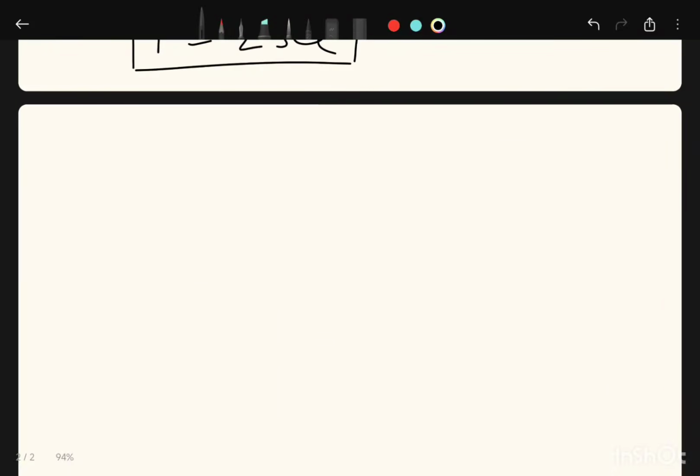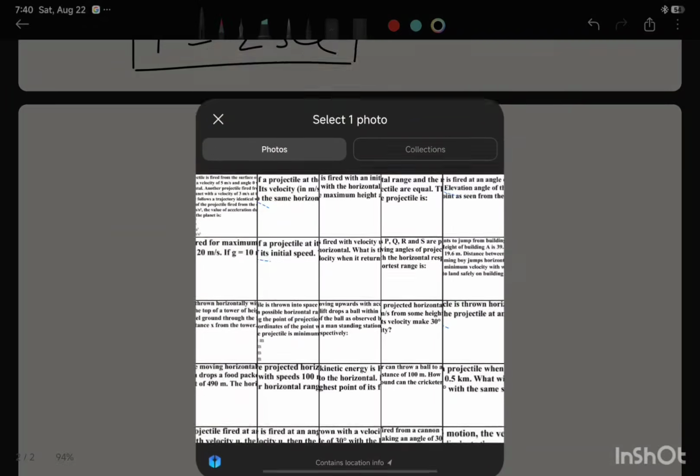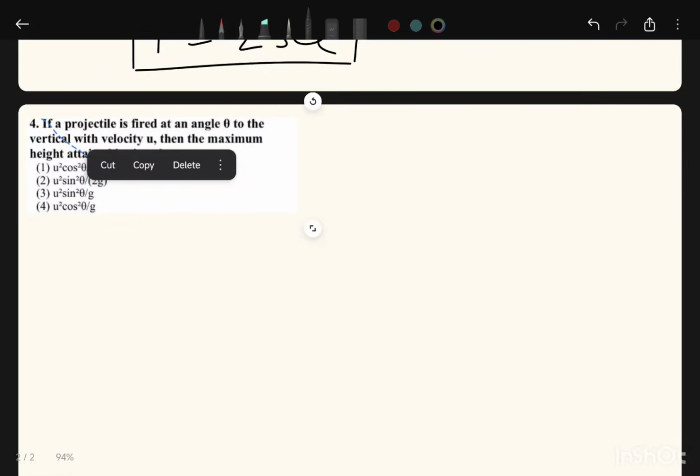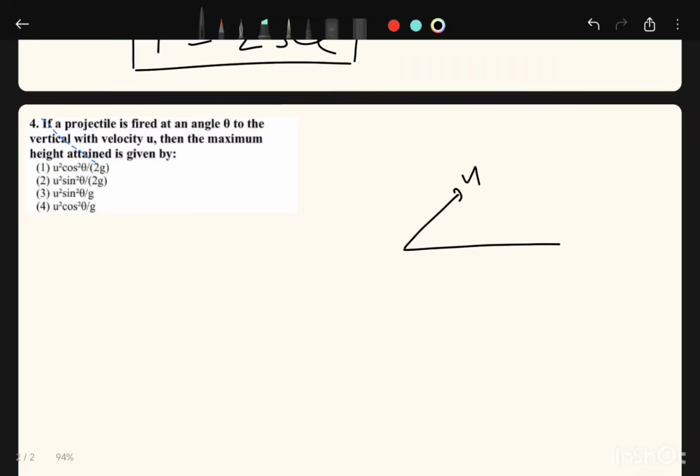Okay, let me move to the next problem. Problem number 4 is, if a projectile is fired at an angle theta to the vertical with the velocity u, then the maximum height attained is given by. So you see the question carefully. Your particle is having the initial velocity u, right?